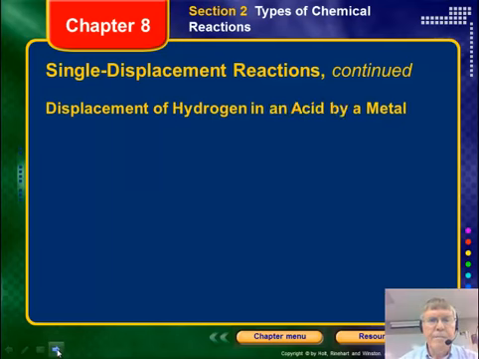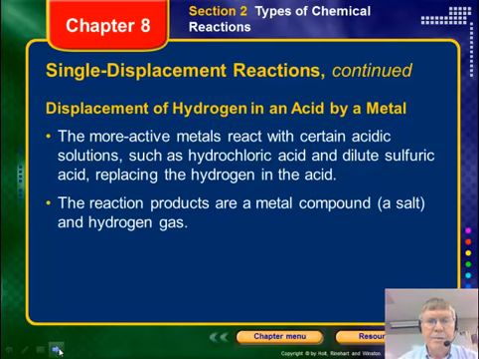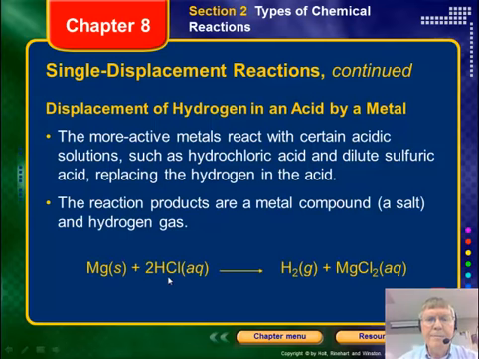Metals will react with acids, and the metal will replace the hydrogen in the acid. Again, this is more active metals. The metal has to be more active than hydrogen. Again, you'll see that in section 3. But you see an example here, magnesium. When that's placed in hydrochloric acid, you'll see bubbles of hydrogen gas being given off, and the magnesium chloride is left behind in the solution.